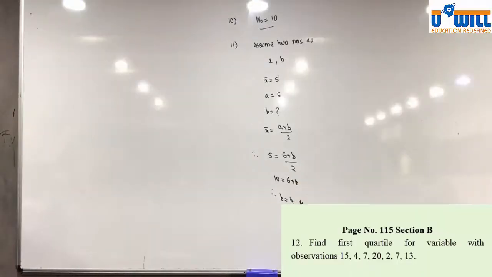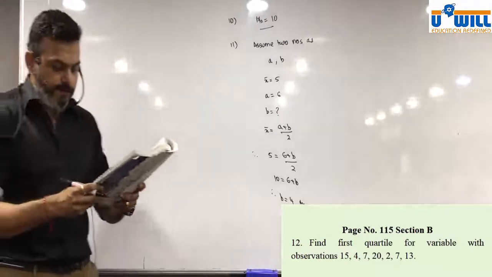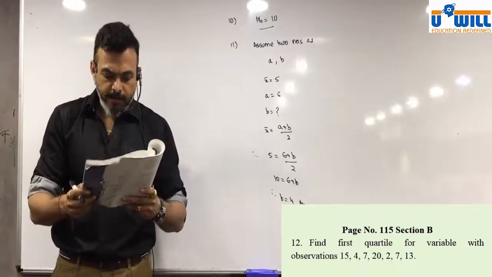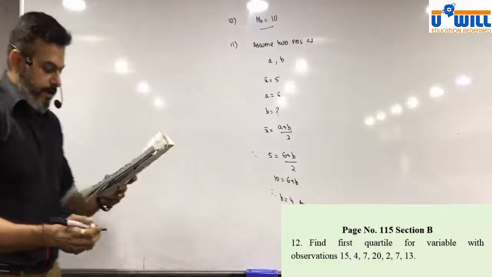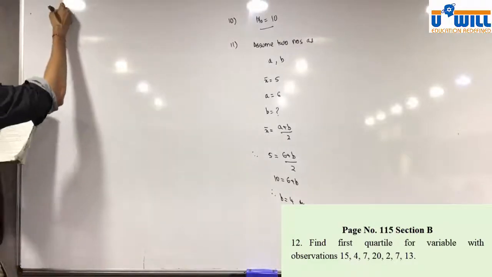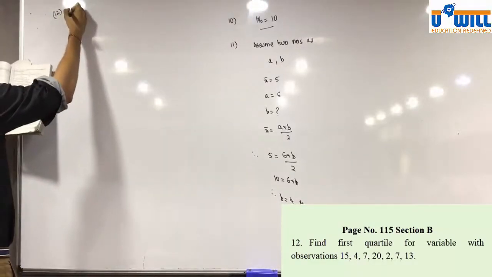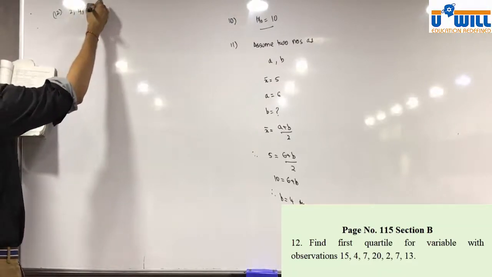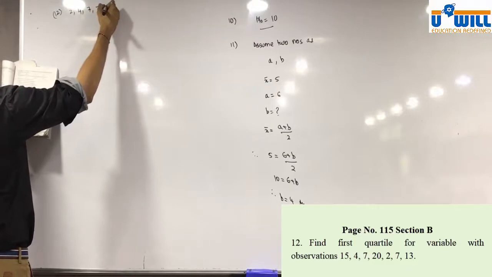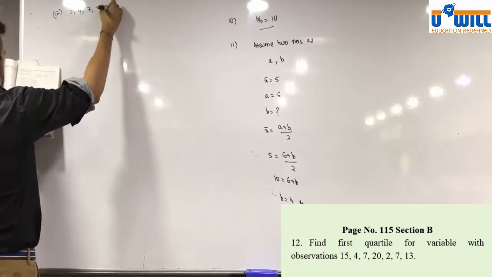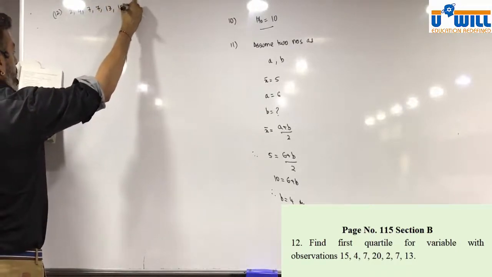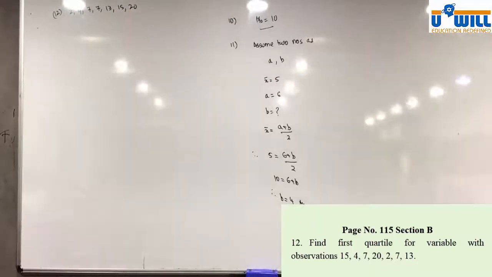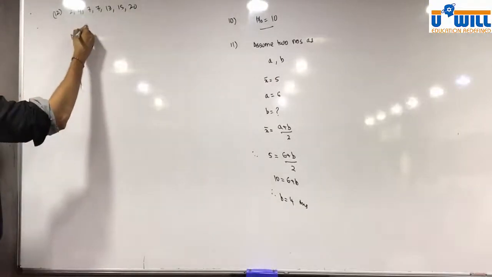12. Find the first quartile for variable with observations 15, 4, 7, 22, 7 and 13. So let's do it. Arrange it in ascending order. Start with 2, 4, 7, again 7, then 13, 15 and 20. What is N? 7.